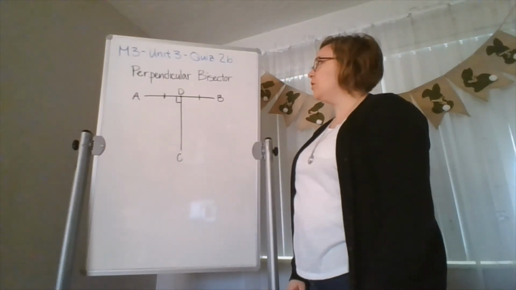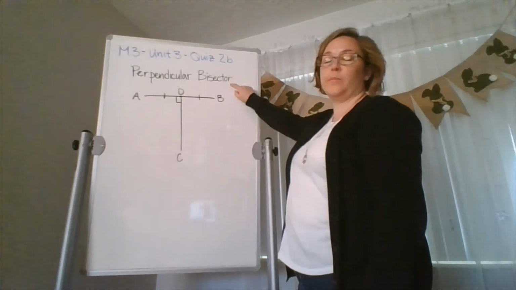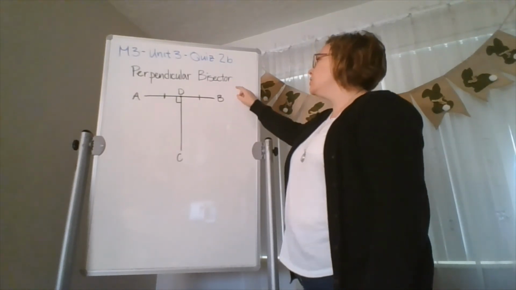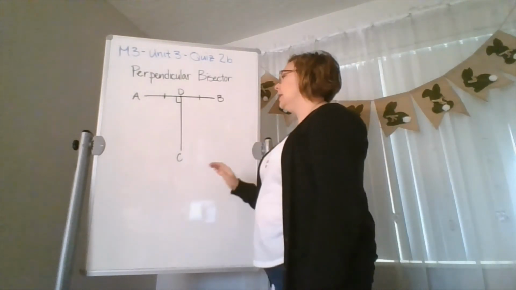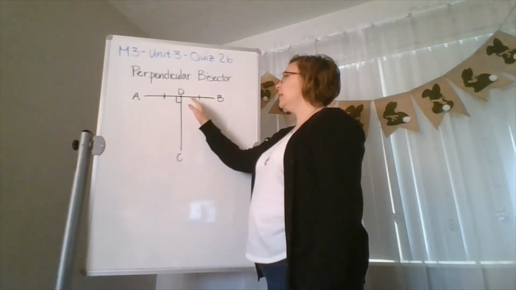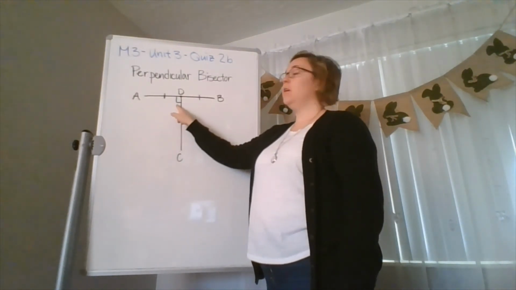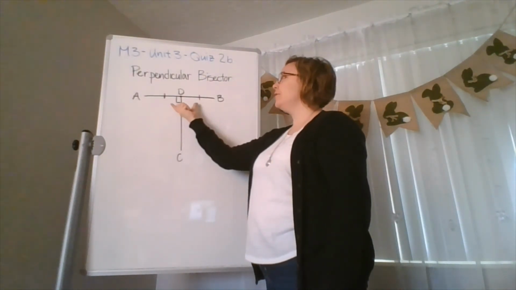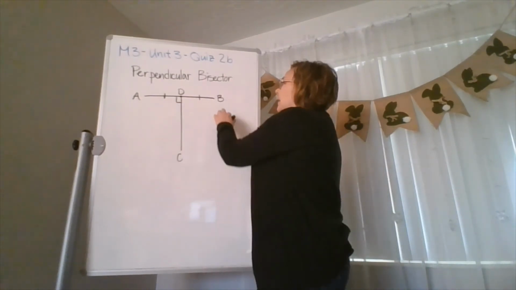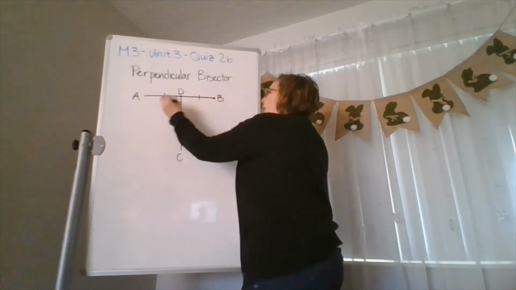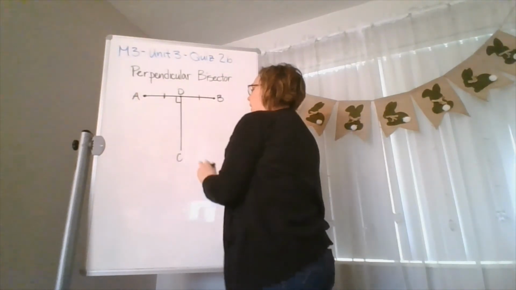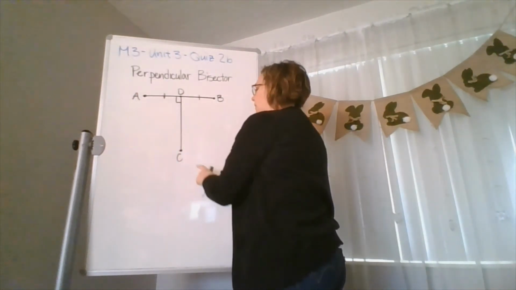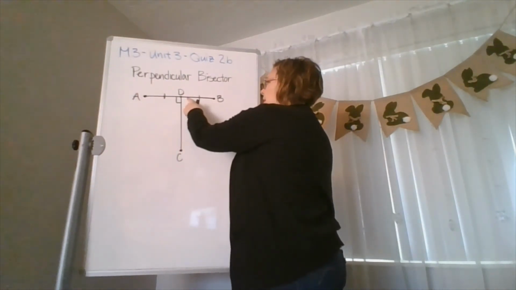All right, I'd like to go over a definition. I'd like to talk about perpendicular bisectors. So a perpendicular bisector is a line that meets another line at a right angle, and it also splits it perfectly in half. So this is actually a line segment. We have A and B here, and it is being bisected by the line segment CD.